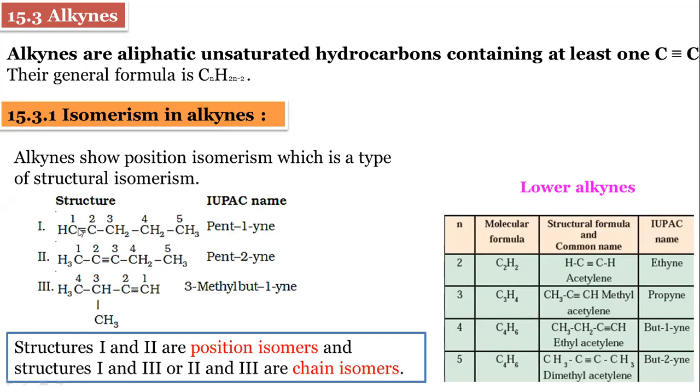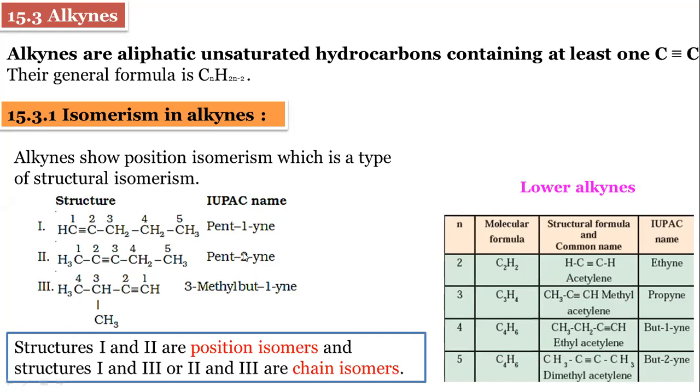According to the nomenclature of IUPAC, the triple bonded carbon should get the lowest number. So this will be carbon number 1, 2, 3, 4, 5. Pent because 5 carbons, 1 indicates on carbon number 1 there is a triple bond, and it ends with yne. Remember, alkene ends with ene, alkane ends with ane, and alkyne ends with yne. See the difference.